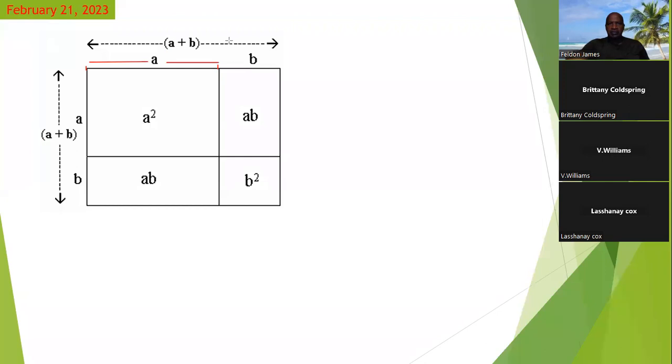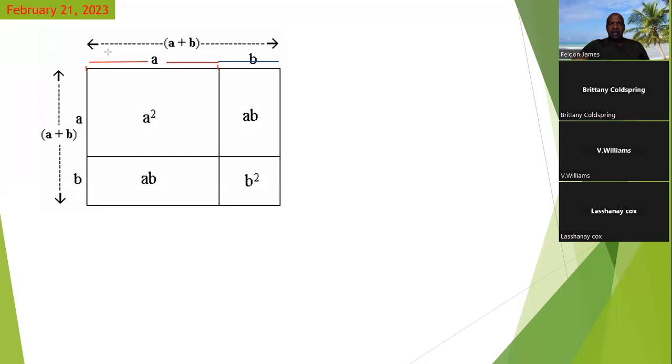Then also, if we look at the other portion, we could also draw a length from this portion to here and call that length B. Now, that length B plus the length A would give you the full length of the square.